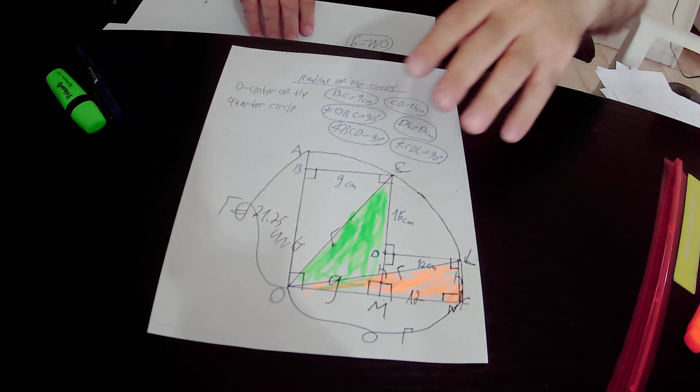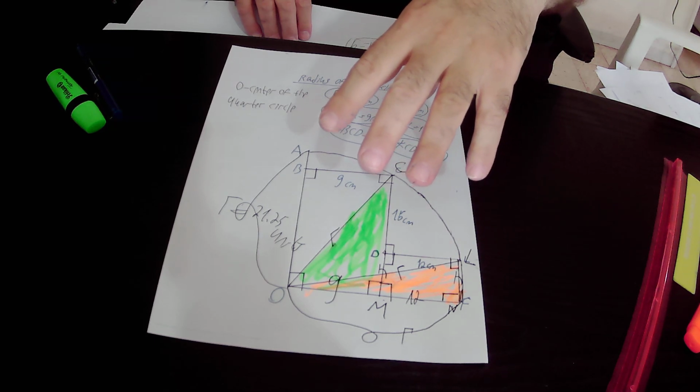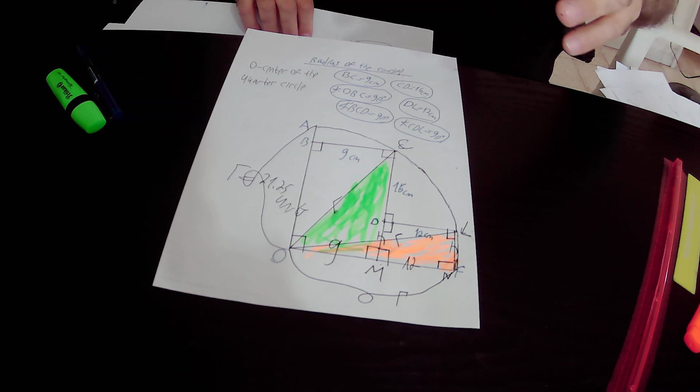Because this is a quarter circle, point O is the center of the quarter circle.